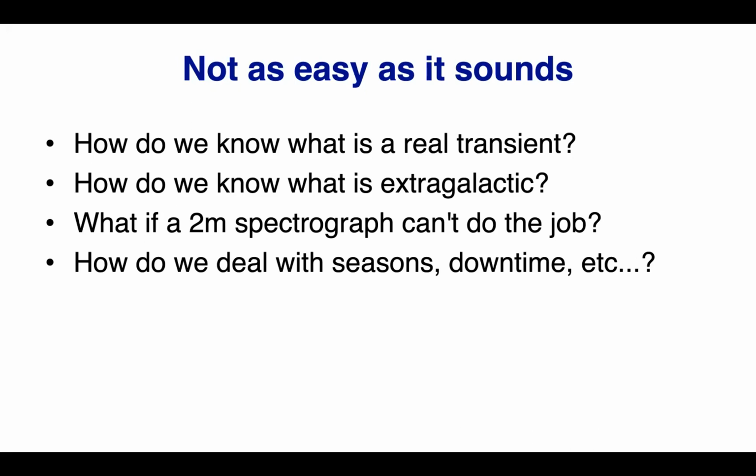And then finally, there are all sorts of practical complications introduced by ground-based astronomy. We have seasons, fields move behind the sun and become no longer observable. We have maintenance time on both the 60-inch and the 48-inch telescopes. We have bad weather, we have forest fires, we have all sorts of complications.